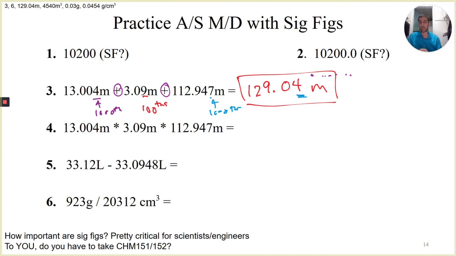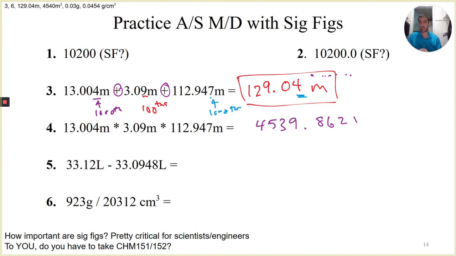Okay. Next one down, multiplication. We multiply that out. If I remember correctly, I think you get 4, 5, 3, 9. Number. Let's just call it 8621. I honestly don't remember those numbers.